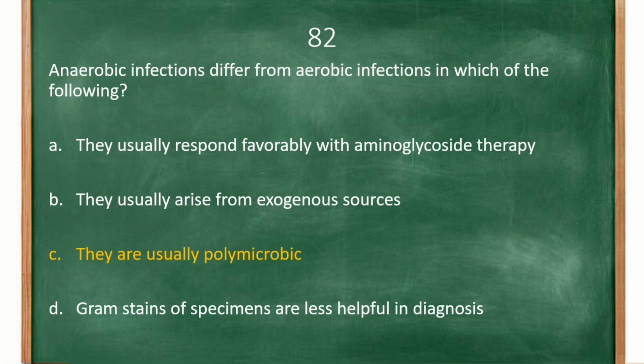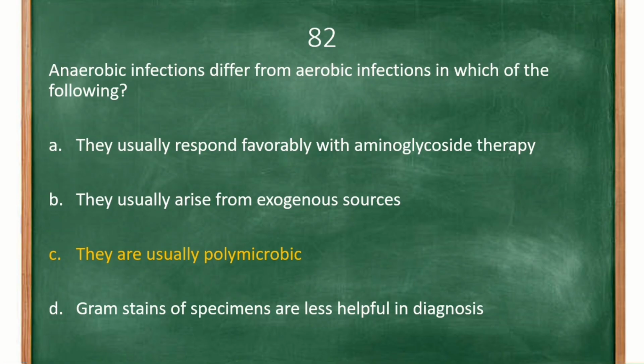If you take sites where you see anaerobes, let's say the mouth, gastrointestinal, or urogenital tract, you realize that there are aerobes also there. So because of that, we say that they are usually polymicrobic.